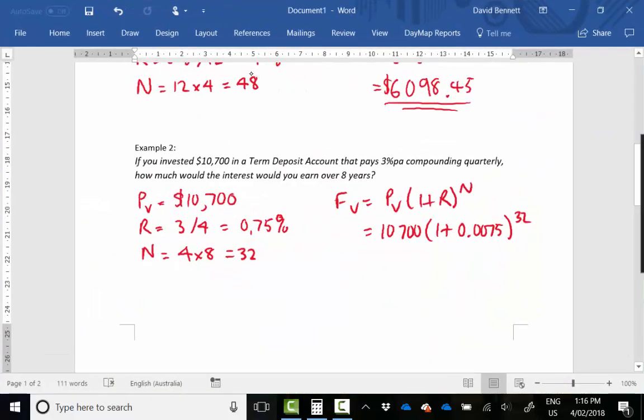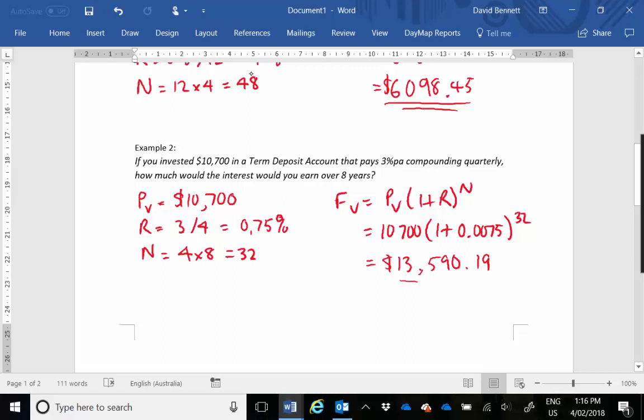So come back to our working. It's $13,590.19. Now the question asks if you invest $10,700 in a term deposit account that pays 3% compounded quarterly, how much interest would you earn over 8 years? Now, that's not how much interest I've earned.